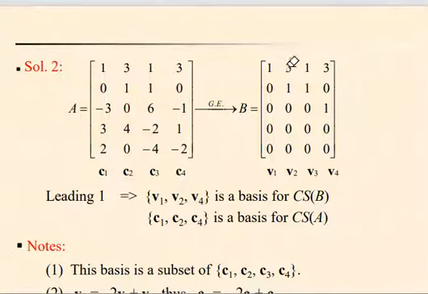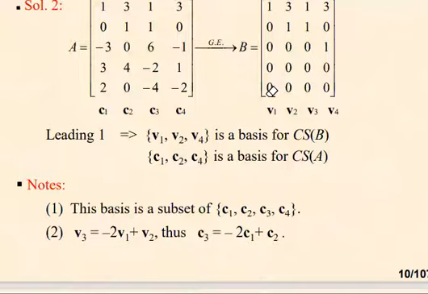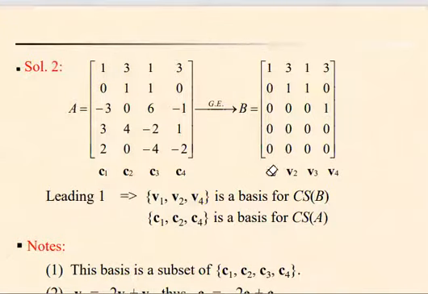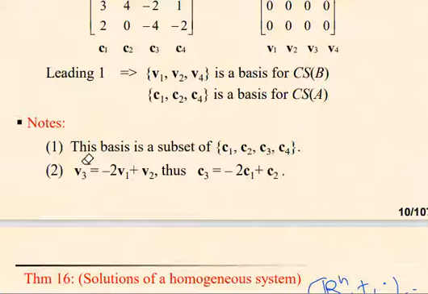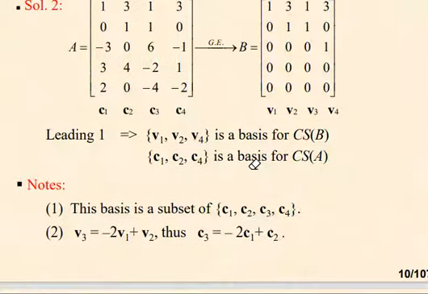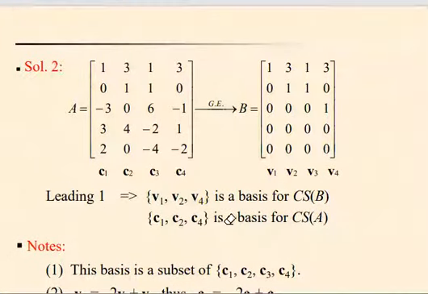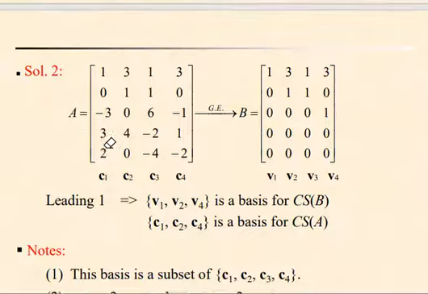Then these three vectors are linearly independent. Therefore, column 4 and columns 1 and 2 are linearly independent, right? This is another basis for the column space of A.